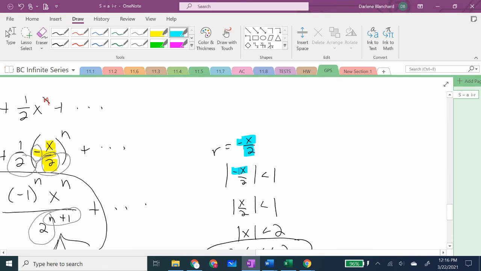So all I have to do is look at, okay, whatever I plugged into the x, that's the new R.